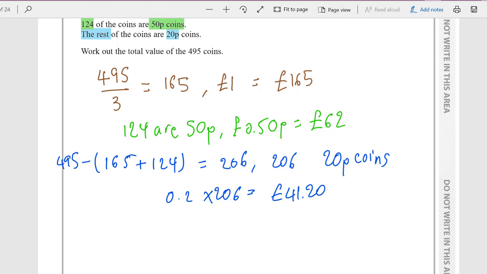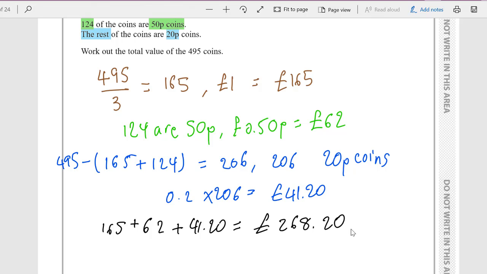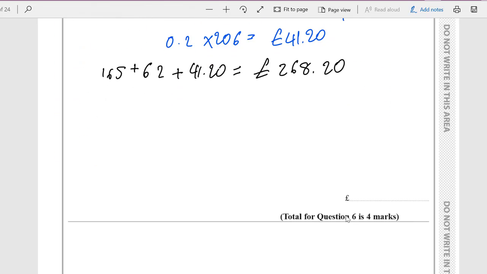So now we can add up all of our values. 165 plus 62 plus 41.2, which will give us a total of £268 and 20p. Just write that in there. So £268 and 20p.